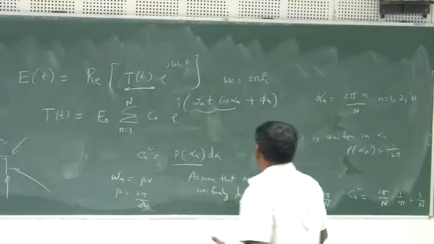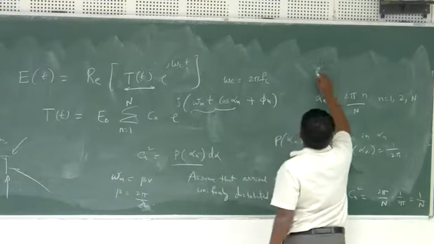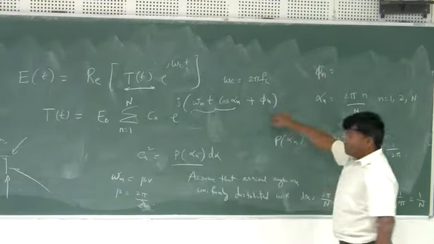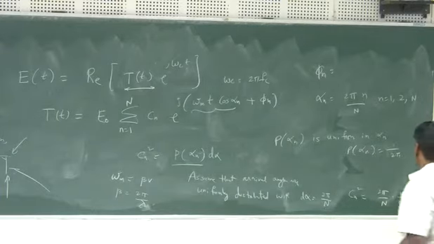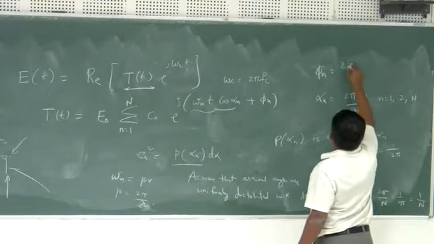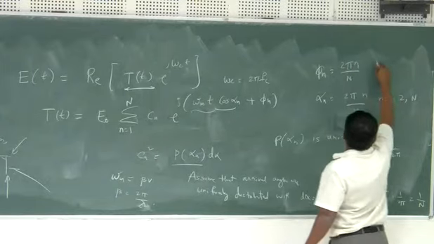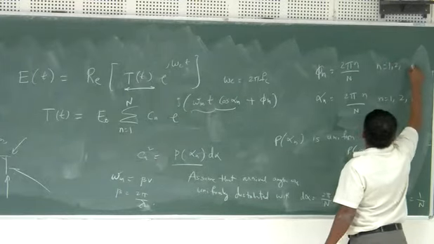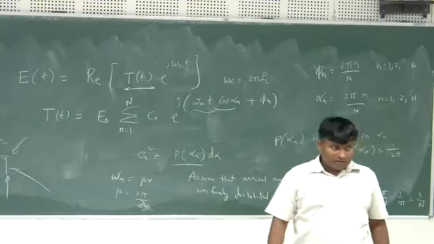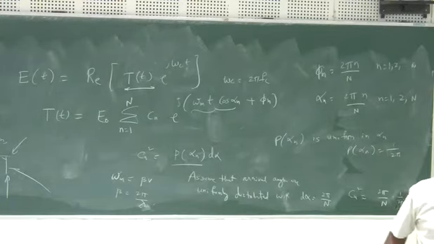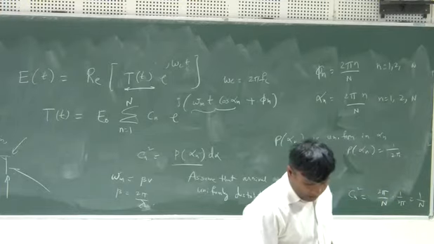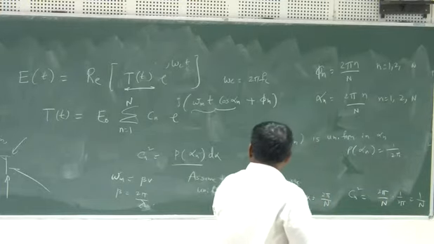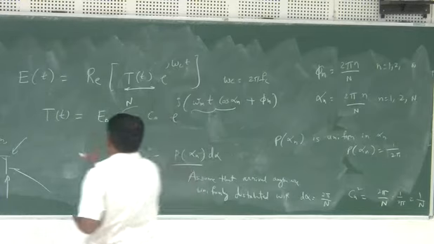The same argument applies to phi n. Phi n was anyway assumed to be uniform. Okay, so that would become 2 pi. Well, now we happily have a model for P of t.